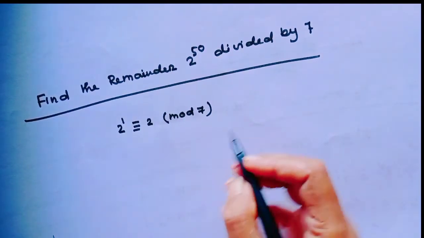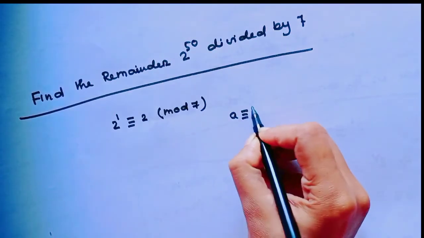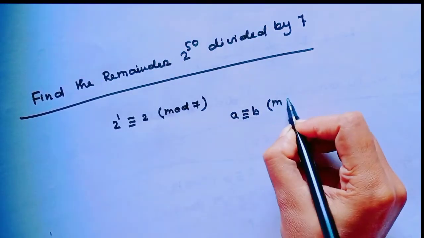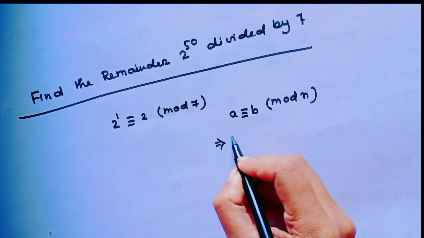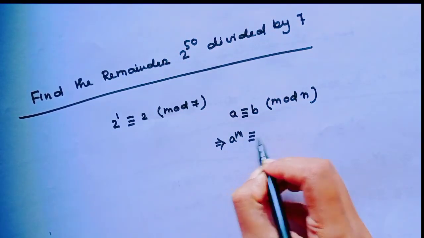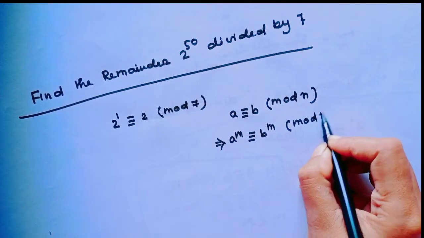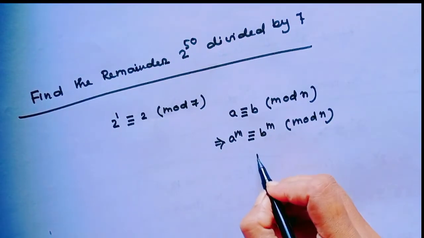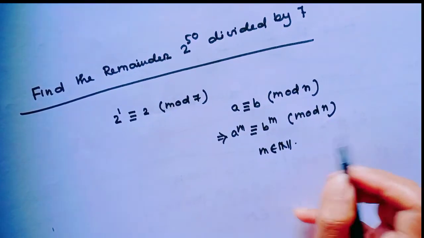From the property of congruence, we know if A is congruent to B modulo n, then A to the power m is congruent to B to the power m modulo n, where m belongs to the natural numbers.